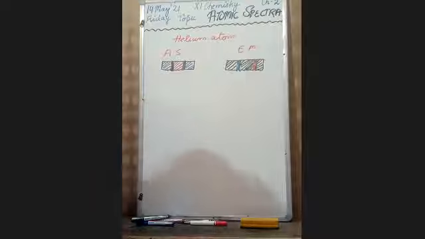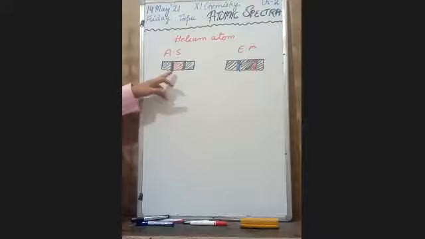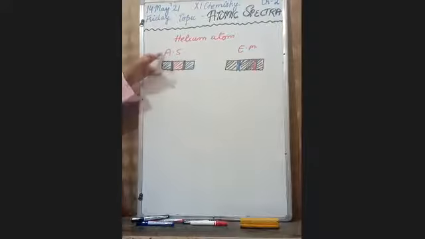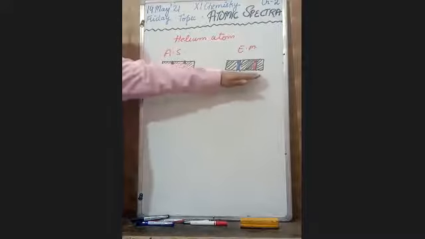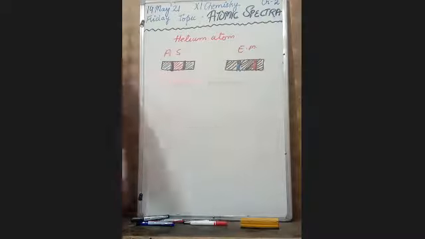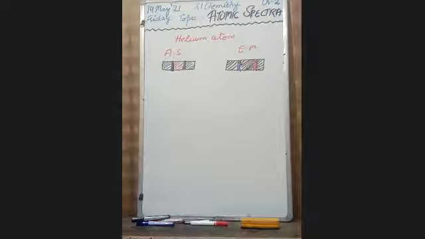Whatever dark bands you can see in the absorption spectra are the colored bands in the emission spectra.